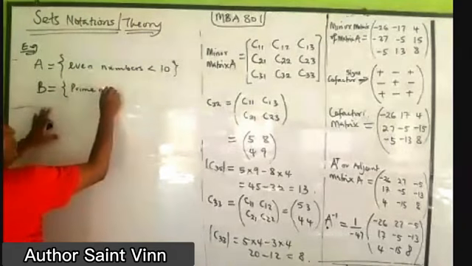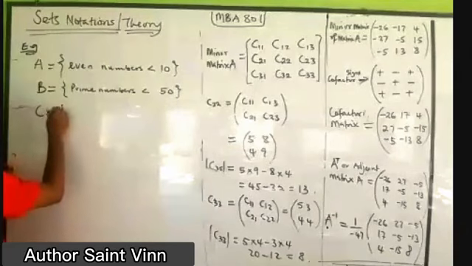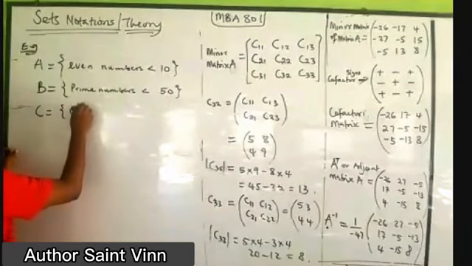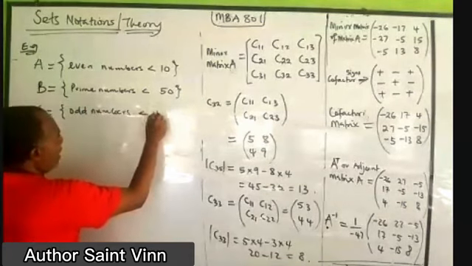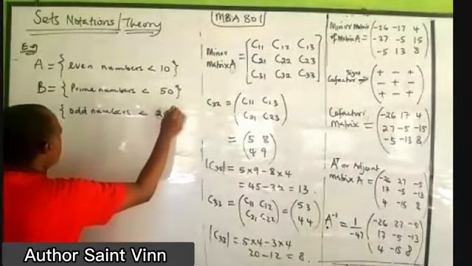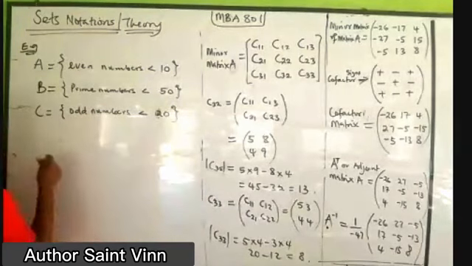This one is prime numbers. You know prime numbers, right? Odd numbers, they also know. Odd numbers maybe less than 20. These are examples of sets, that is, collections of whatsoever.